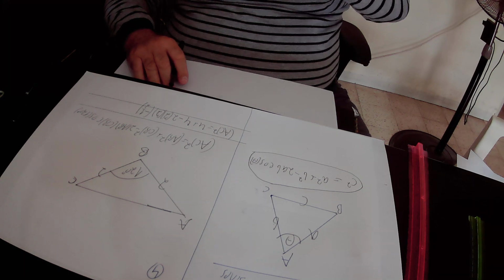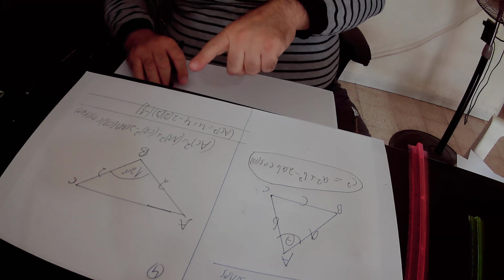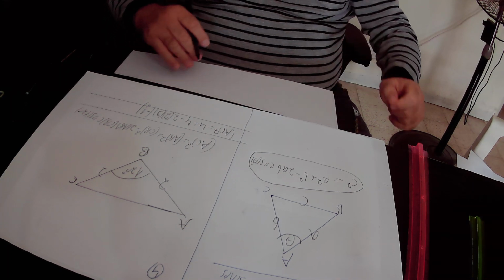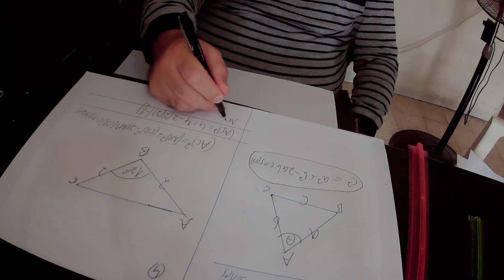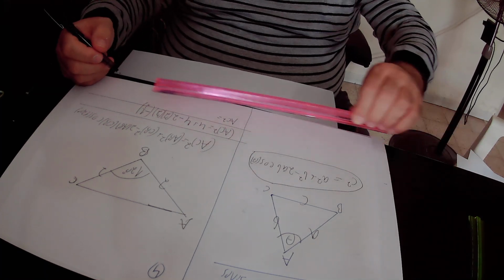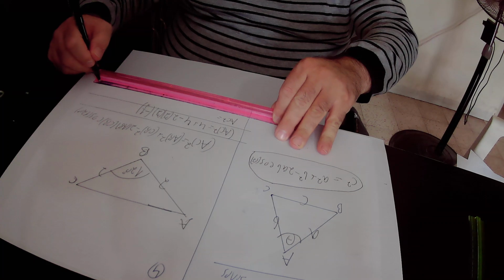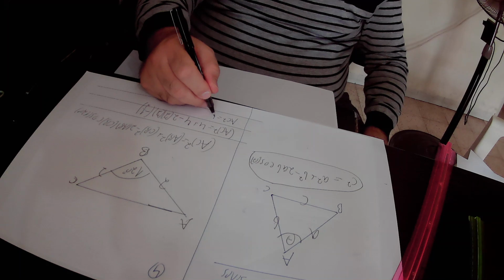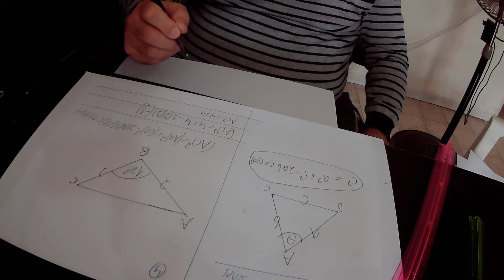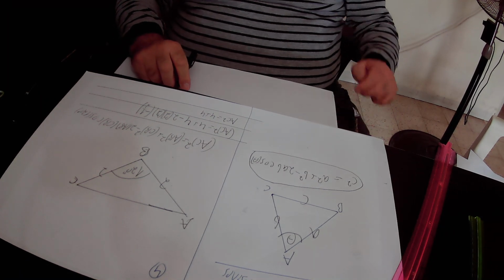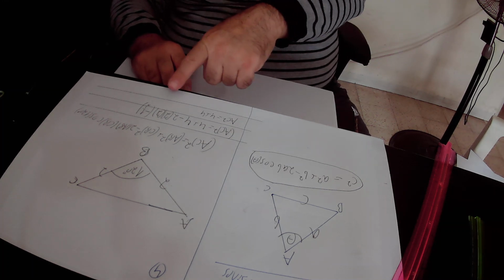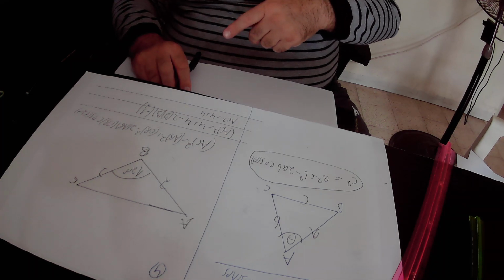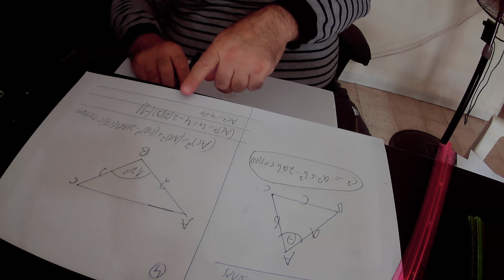And minus times minus is plus. So in total this expression will be positive. Okay, so AC square equals to 4 plus 4 and 2 plus 2 is 4, and here 2 over 2 is 1, so those 2 will get cancelled, and in total this expression equals to 4.